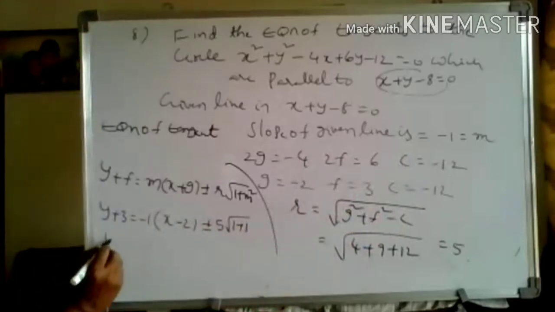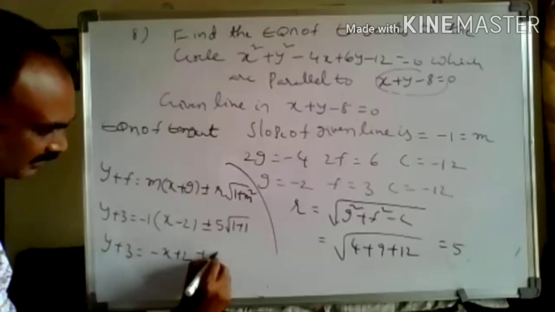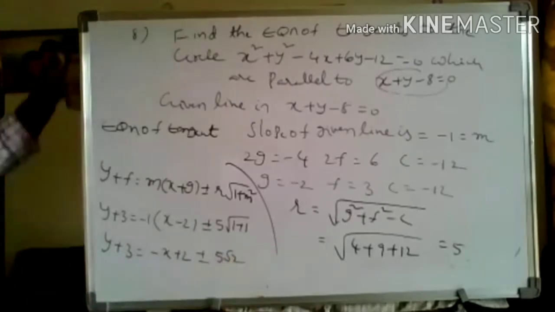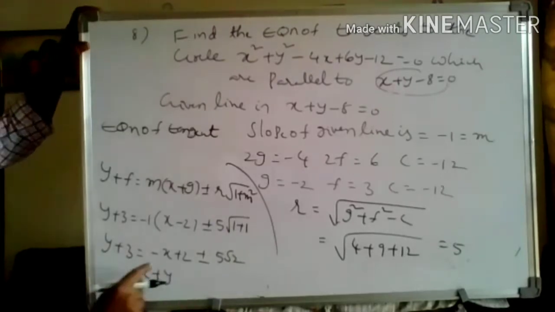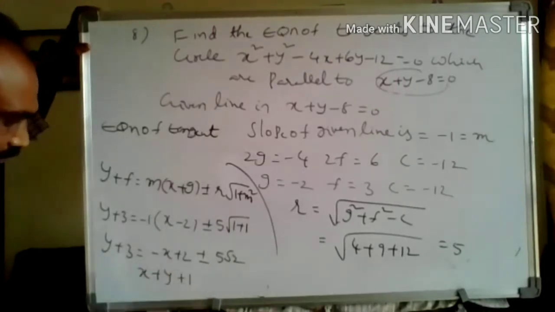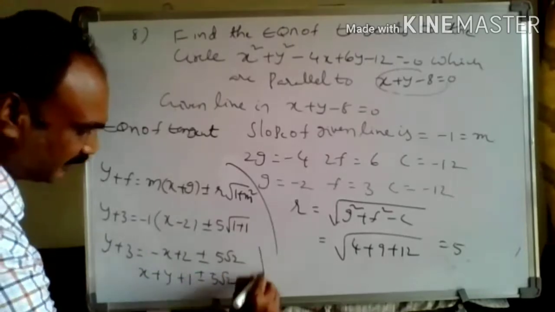So y plus 3 is equal to minus x plus 2 plus or minus 5 root 2. So x plus y plus 3 minus 2, that is 1, plus or minus 5 root 2 is equal to 0. This is the final answer.